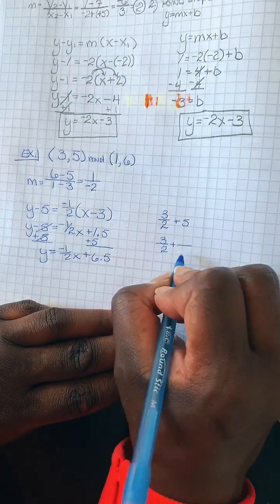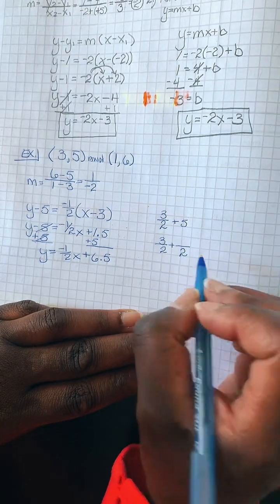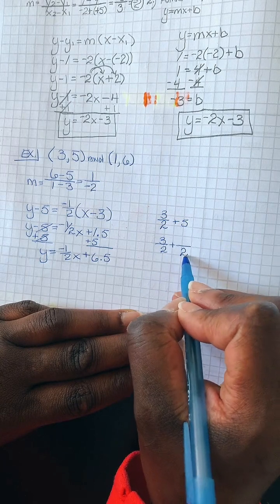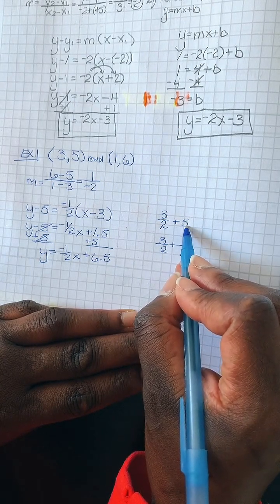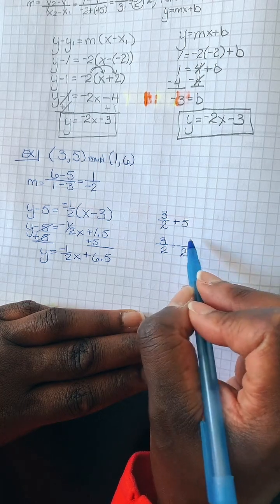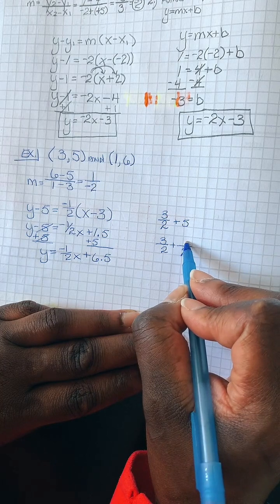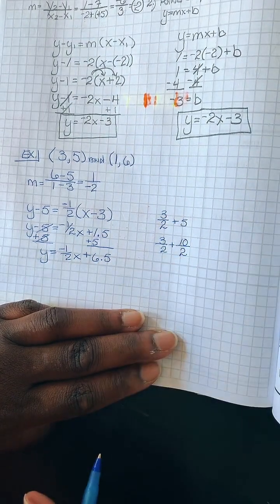I need to have a common denominator of 2. So what divided by 2 will give me 5? You can think of it that way, or you can say 5 times 2 gives me what? There we go. Travis, we got it with 10.